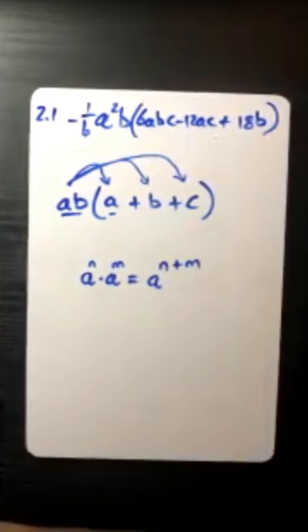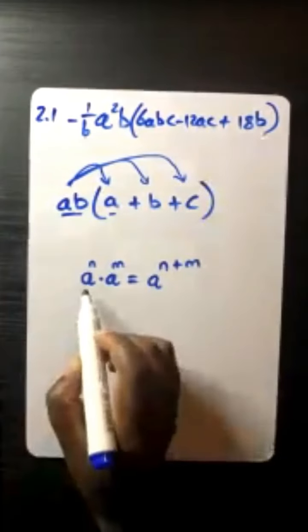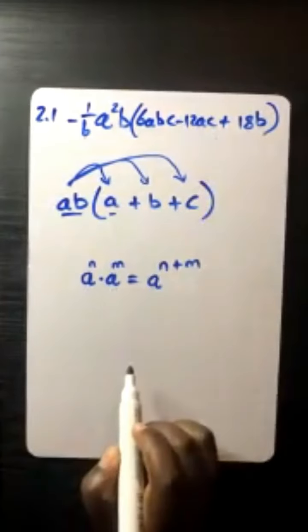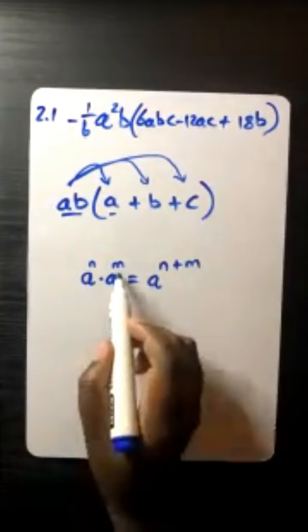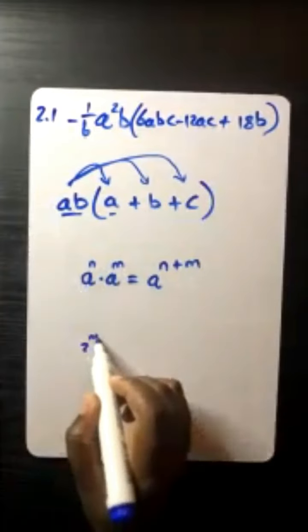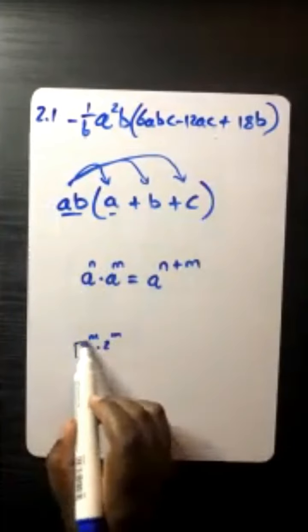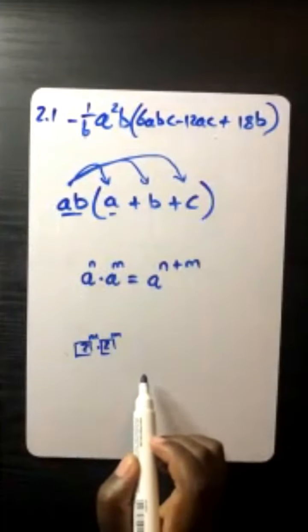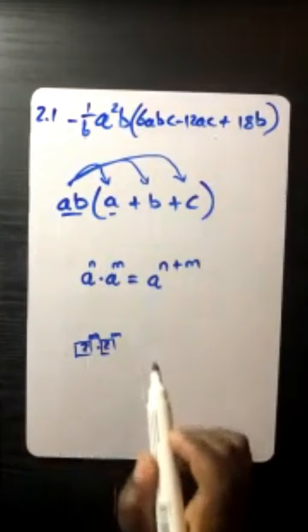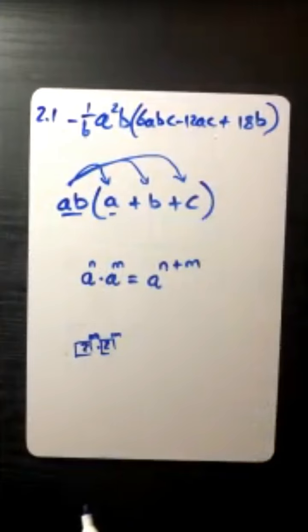So, Shreyas, I'm going to quickly explain this rule. This rule says when you multiply the same bases, what are those bases? Those bases are A. So it could be 2 to the exponent n times 2 to the exponent m. What is the base? The base is 2. Are the bases the same? Yes. When the bases are the same, you can add the exponents.